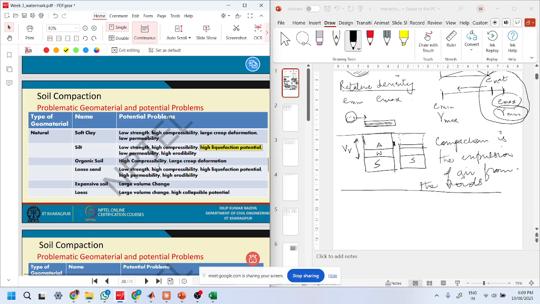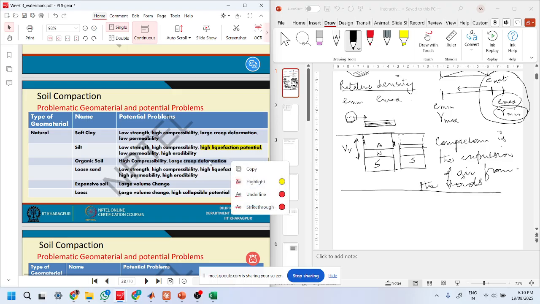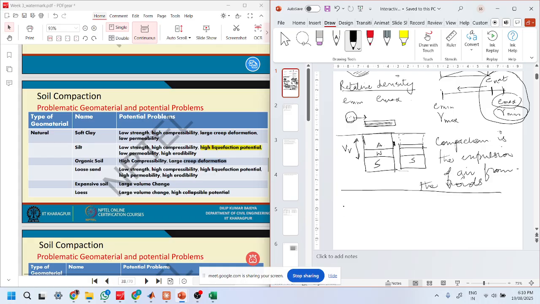Organic soil again has high compressibility and large creep deformation. What is creep? Basically, creep is what happens after you have the soil. Voids cannot be zero. There has to be some minimum void ratio that this soil can achieve.